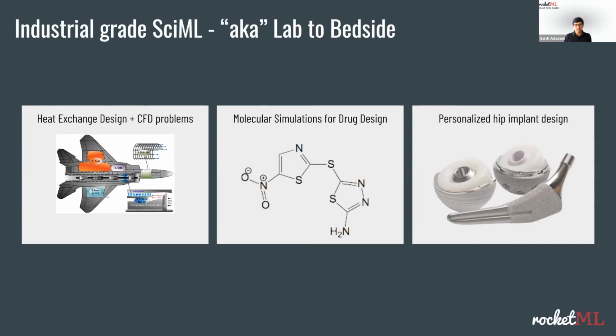So in all these cases, things like robustness of the models, and accuracy of these models and knowing when they break, there are a lot more operational and reliability issues that come into play. So when we're talking about industrial grade, what we're talking about is this lab to bedside.